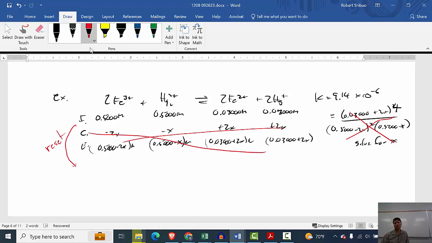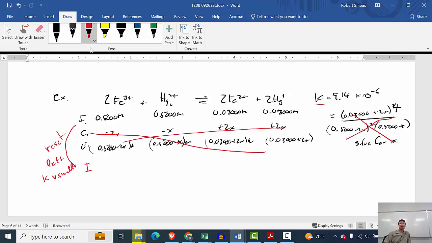Now, the strategy that we use to reset it is we look at the K value. If the K is really small, it favors the reactants. And so if that's the case, I'm going to reset it to the left because K is very small.